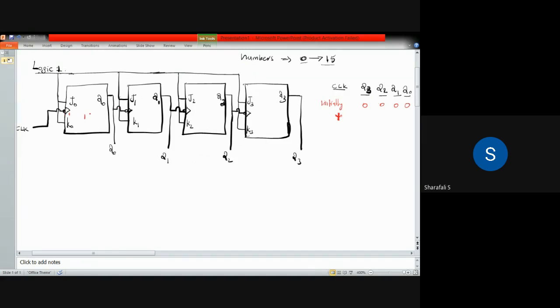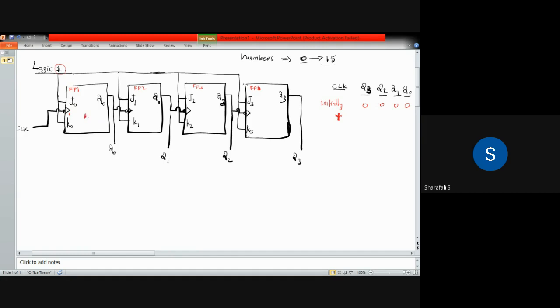Since this is 1 and J0 K0 are already logic 1, this particular first flip flop, let's say this is flip flop 1, flip flop 2, flip flop 3, flip flop 4. Let's consider this.